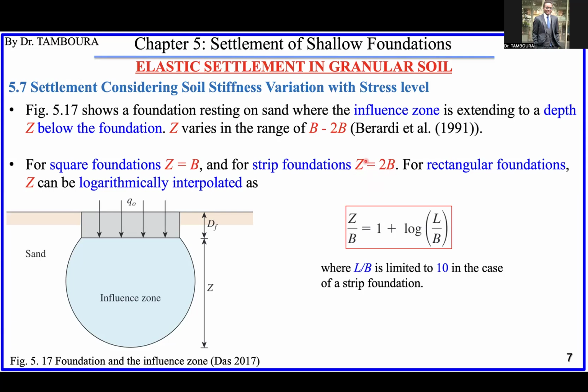You can see easily here, if we replace this L over B by 10, this will be 1, right? So 1 plus 1 is 2. So it means Z is twice B, and it will be similar to strip footing now. So before L over B equals 10, your footing is still a rectangular footing. After 10, it is a strip footing.